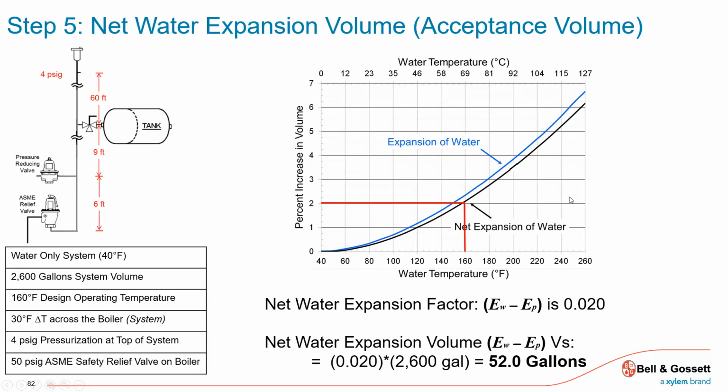We multiply that by our system volume: 2,600 gallons times that 0.02 expansion gives an expanded volume of 52 gallons.